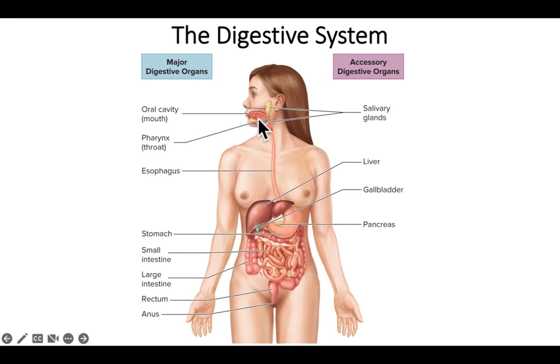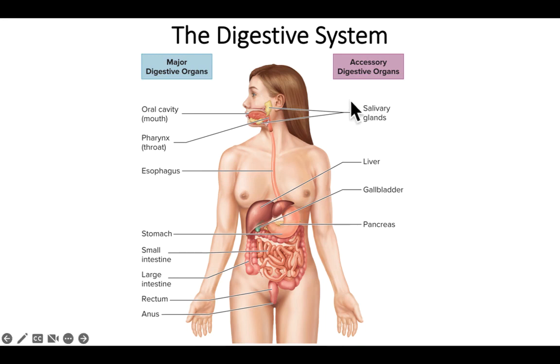So those include the oral cavity, your throat or pharynx, the esophagus, stomach, small intestines, large intestines, rectum, and anus. So those are organs that actually form the GI tract, but then we have accessory organs that may add something into the lumen.